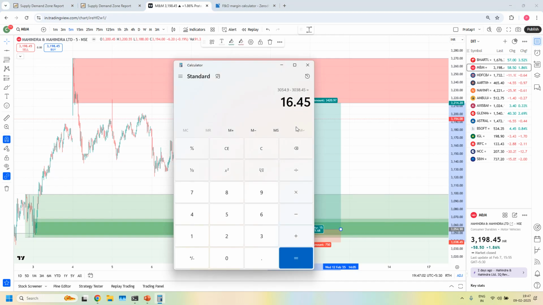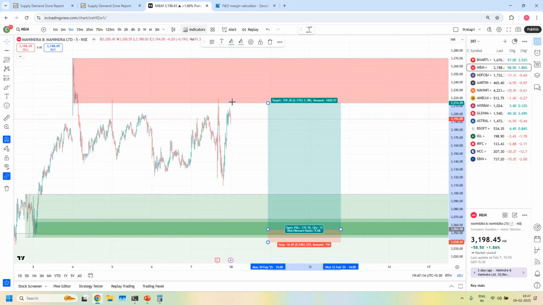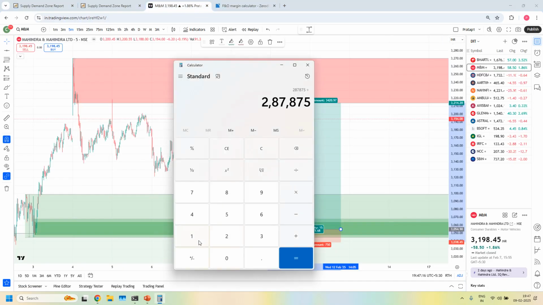Now it is 16.45 into 175 lot size, 2878 into 100 divided by 1,08,700. Still it is 2.64, still beyond 2%. So you can't take the trade.